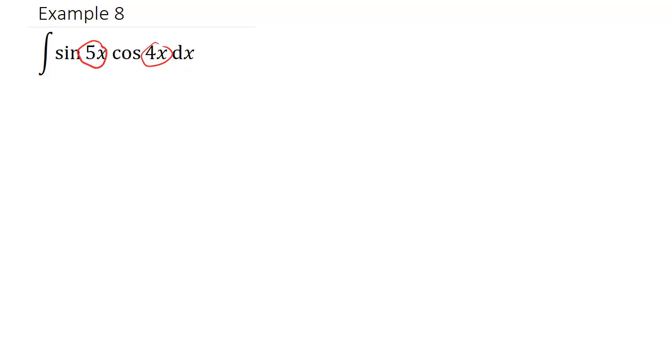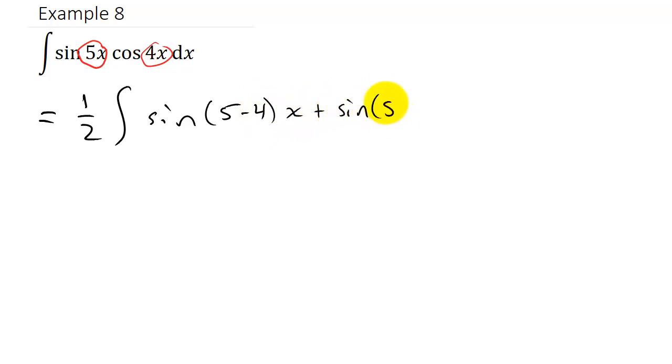All right, so let's rewrite this. The 1/2, I'm going to bring outside the integral. So that's going to be the sine of 5 minus 4 times x plus the sine of 5 plus 4 times x dx.